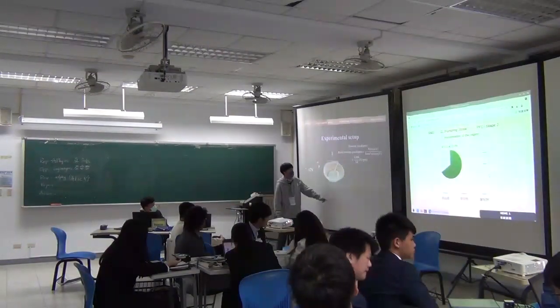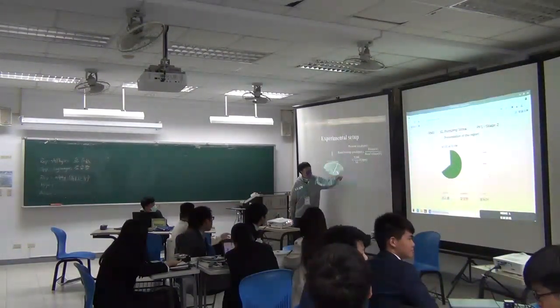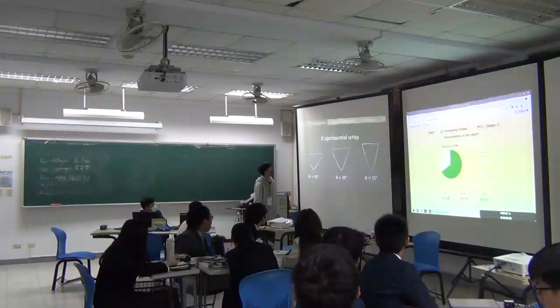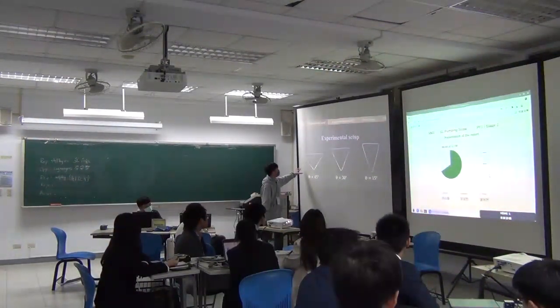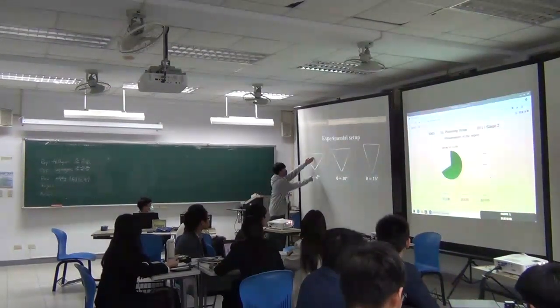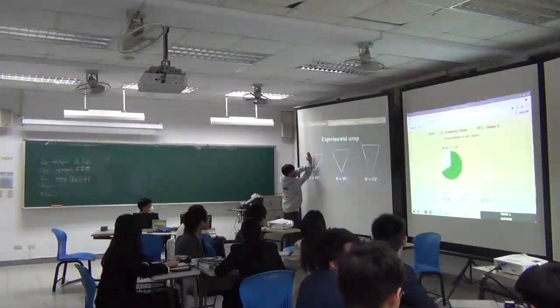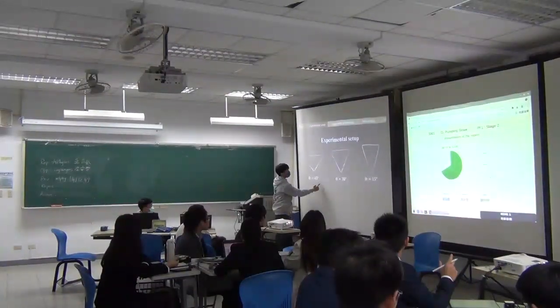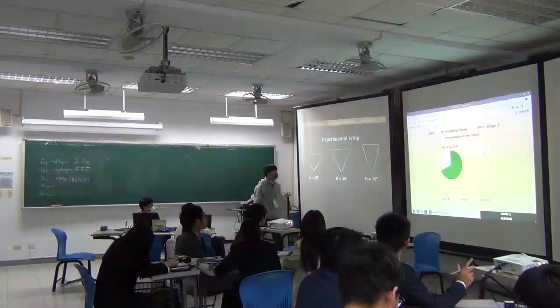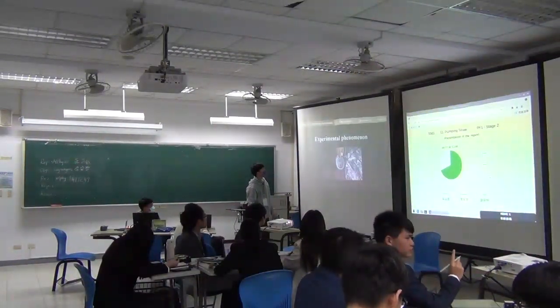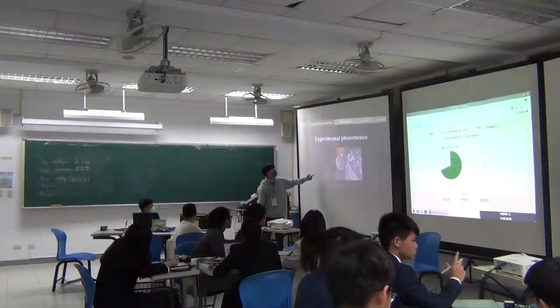So it is this one. Okay. And we do 3 experiments where theta is this angle. Theta is 45, 30, and 15. Okay, so it will be like this.